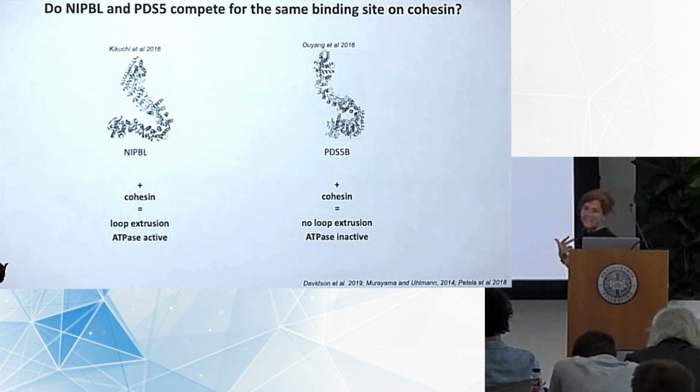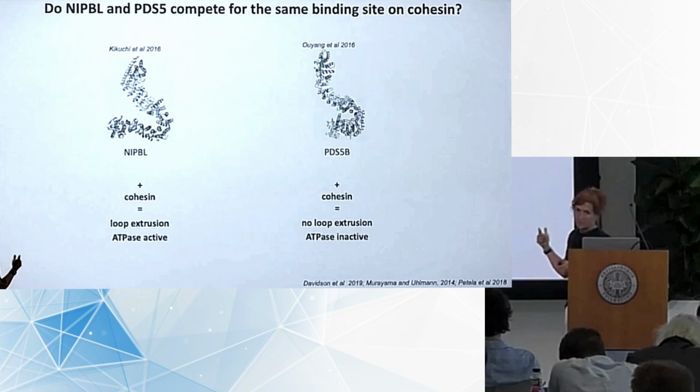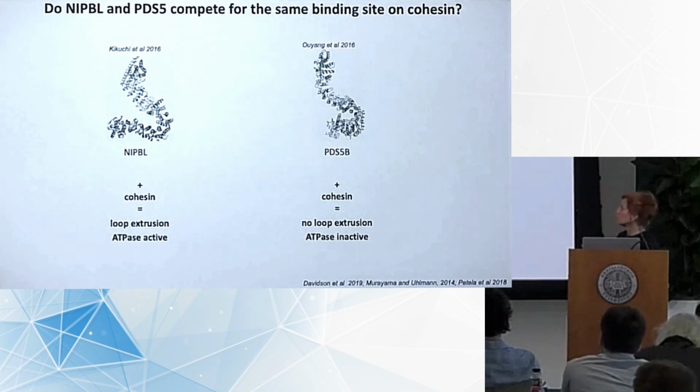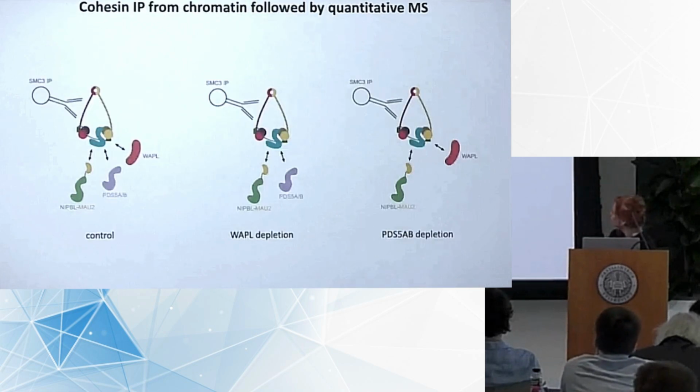NIPBL activates cohesin's ATPase activity, and together with cohesin can perform loop extrusion in vitro and in vivo. However, PDS5 does not have this ability to activate cohesin's ATPase activity. If we incubate cohesin together with PDS5 in an in vitro loop extrusion assay, we cannot see cohesin performing loop extrusion.